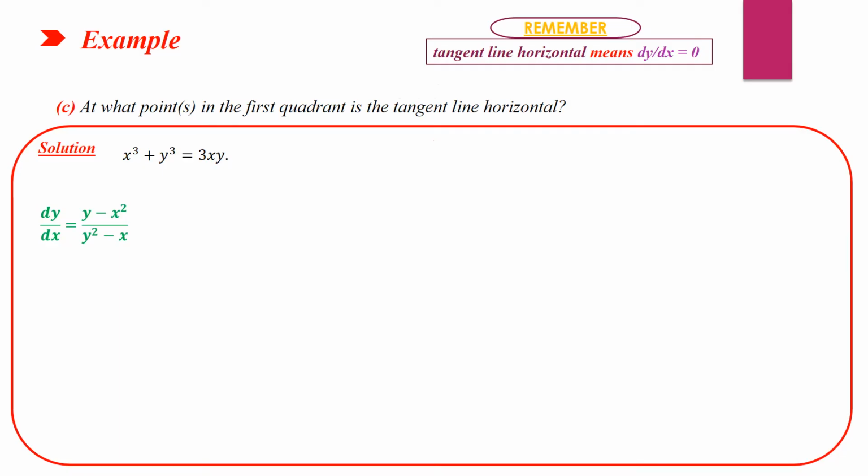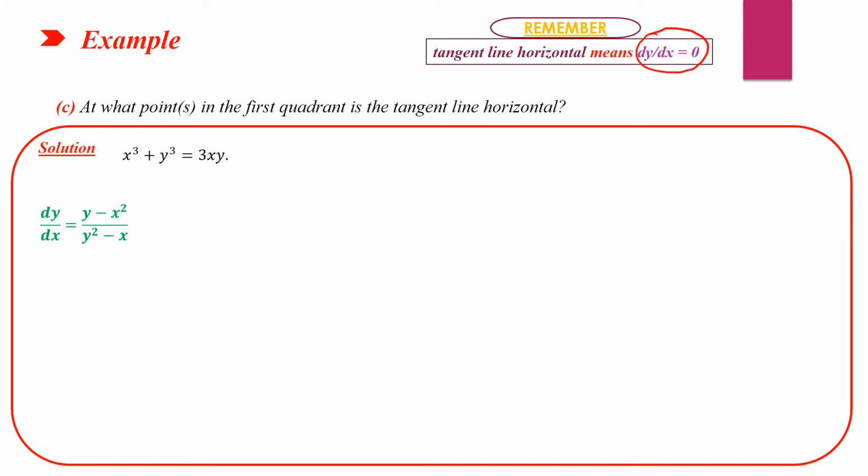In part C you have to find the points in the first quadrant in which the tangent line is horizontal. And you have to know that if you want to find the points in which the tangent line is horizontal, that means the derivative equals 0.